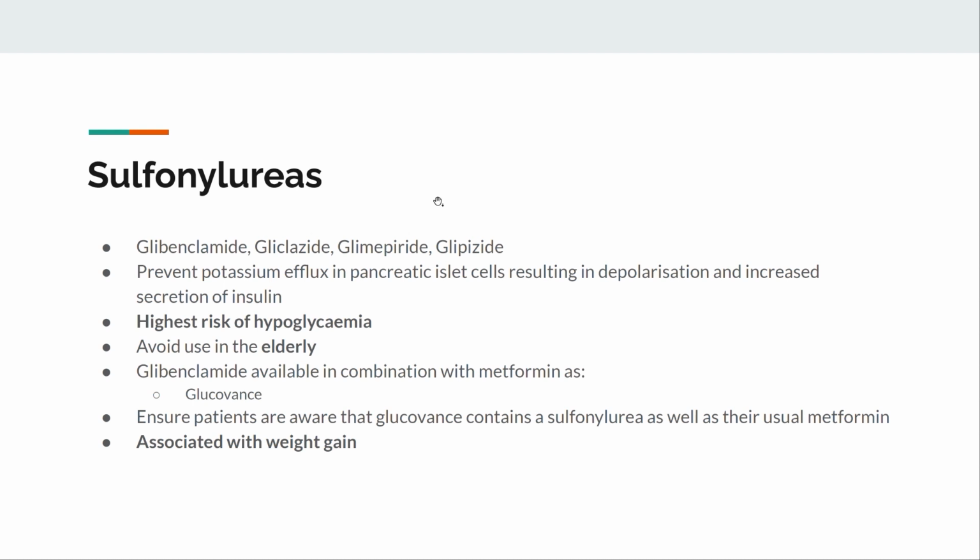Sulfonylureas are things like glibenclamide, gliclazide. It makes potassium stay inside the pancreatic cells, which depolarizes them and causes the release of insulin. So even when your glucose hasn't touched the pancreas, you tell the pancreas to release insulin.